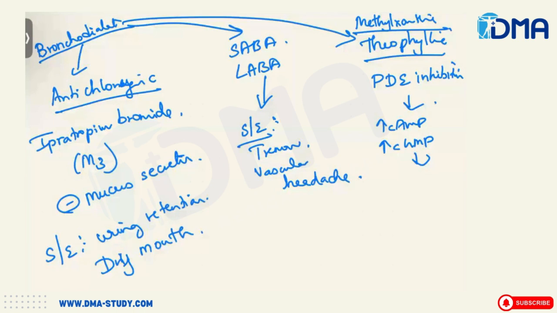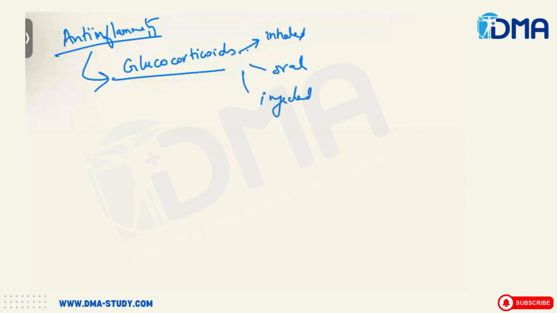Then the other respiratory drugs could be anti-inflammatory agents like glucocorticoids. Right? These glucocorticoids can be given either inhaled, or oral, or in the injectable form also.